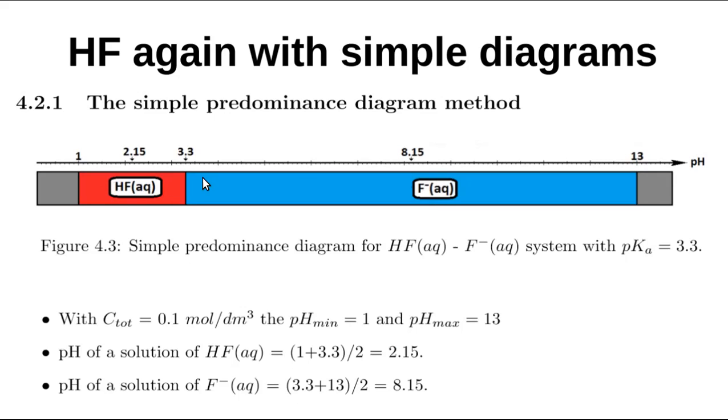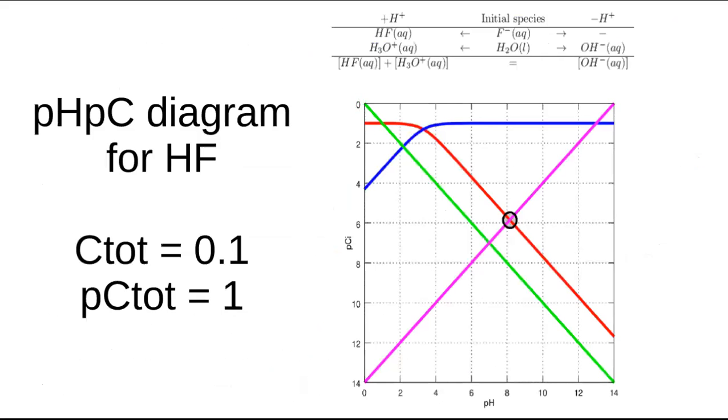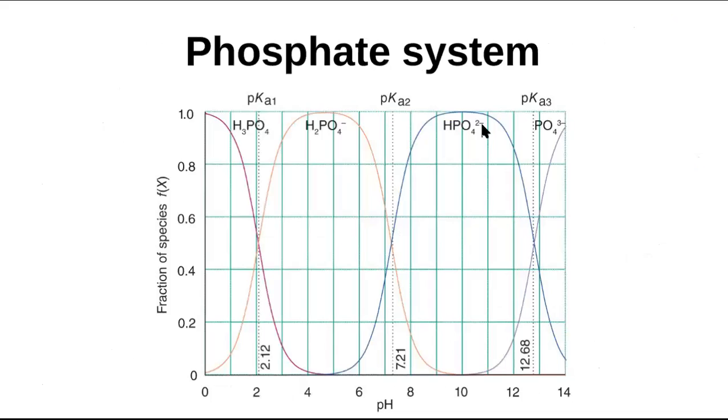And this is valid, though it's not obvious that it's any advantage with a simple compound like HF or fluoride ions, that they can be calculated as well. But we'll see with a more complicated system like phosphates, for phosphoric acid.